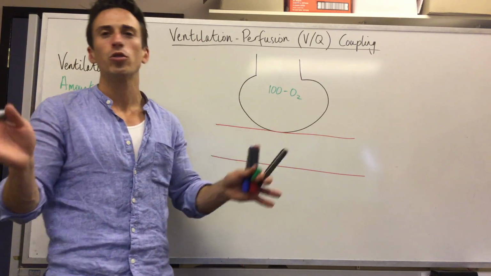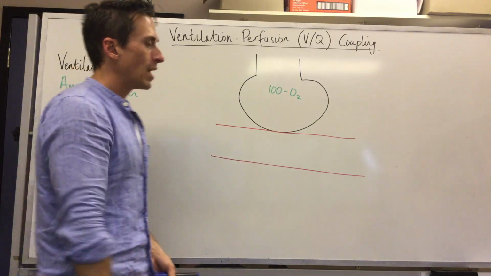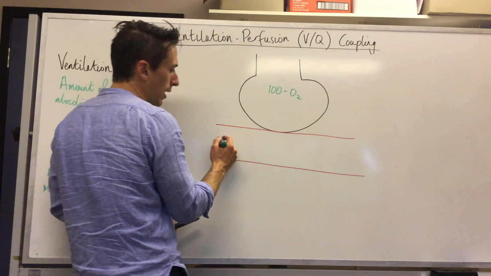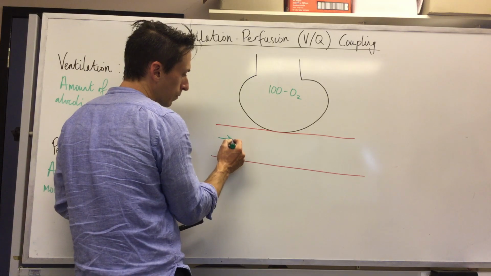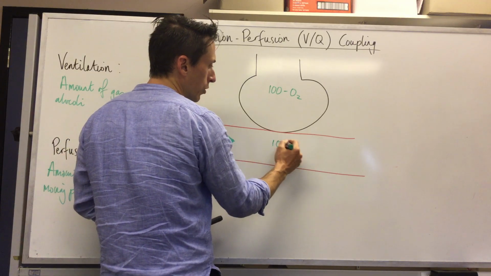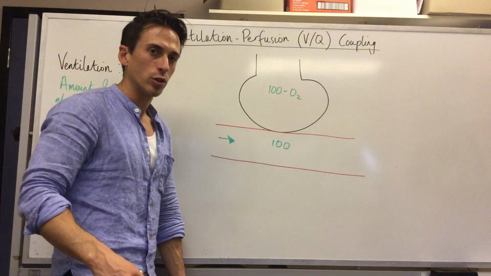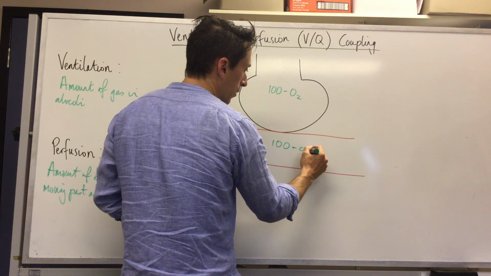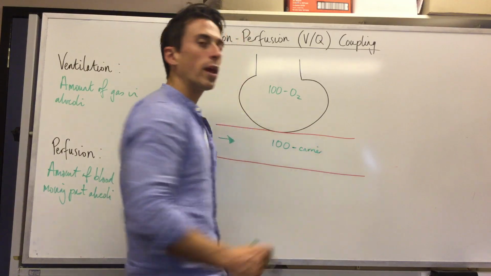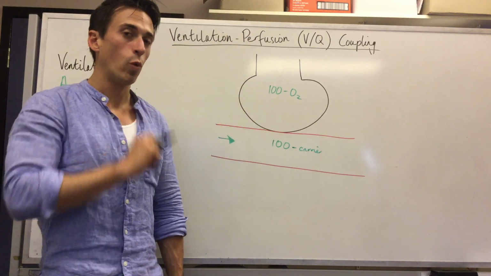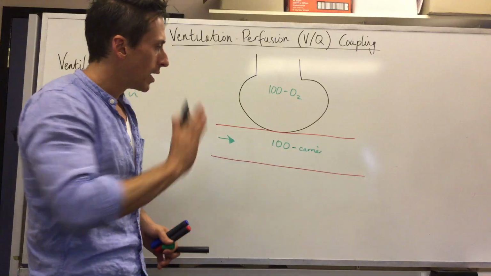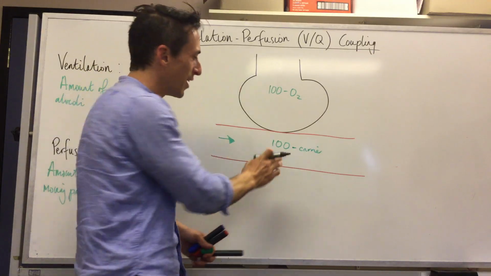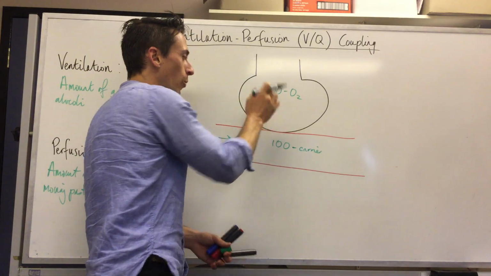Okay, so we'll just say 100 units of oxygen, whatever that may mean. And let's just say of the blood that's going past, we have 100 carrier units of oxygen, so basically hemoglobin. But you know that one hemoglobin carries far more than one oxygen, but for simplicity's sake, let's just say that one carrier carries one oxygen.